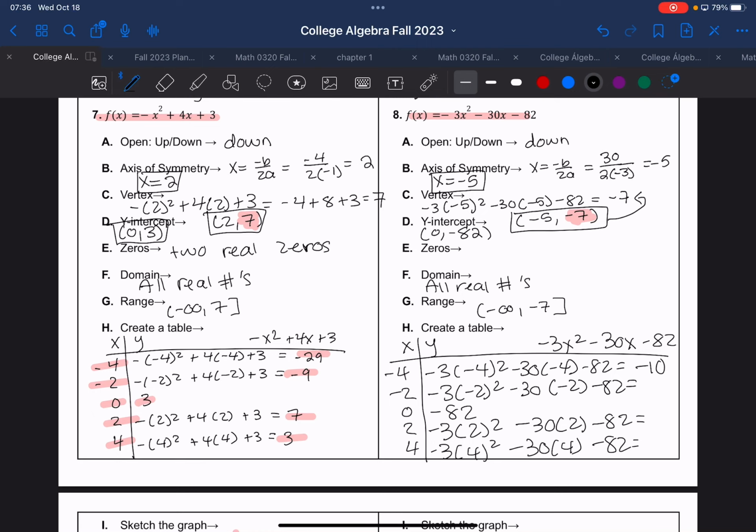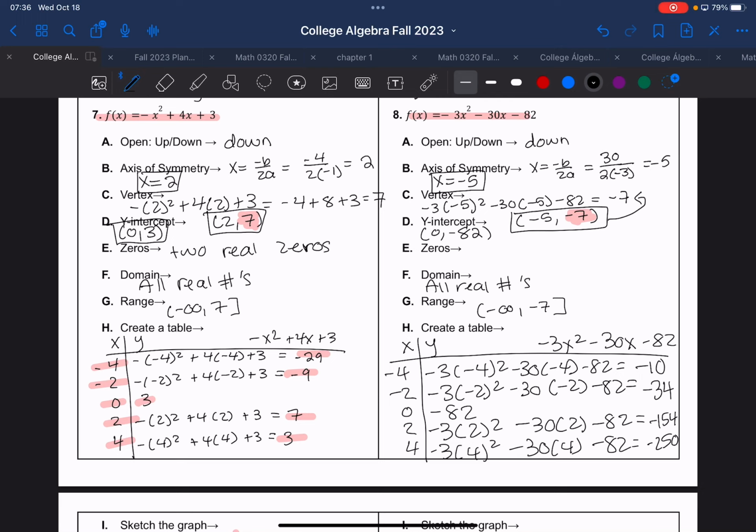4, negative 34. Negative 154. Negative 250.